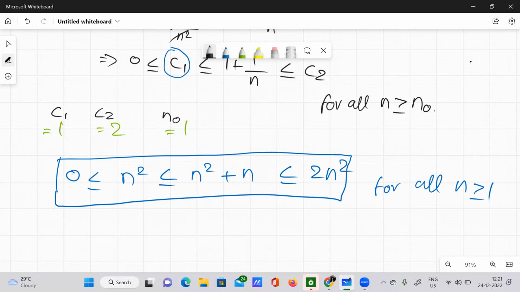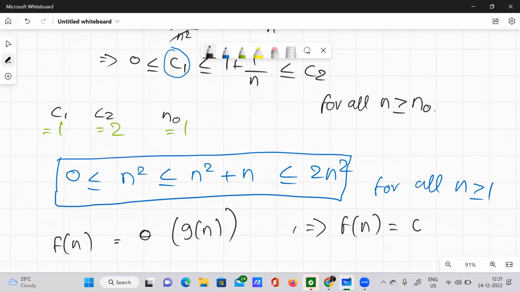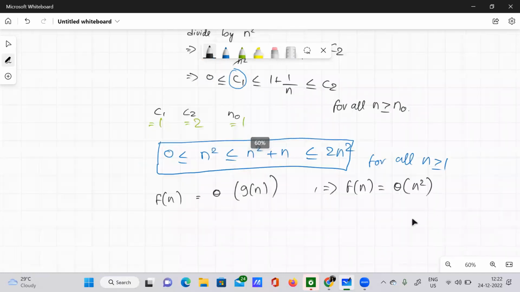So if I apply, then ultimately, f of n is equal to theta of g of n. That means you can say that f of n is equal to theta of n square. So in the place of n square, we can also write g of n. So this is an example.